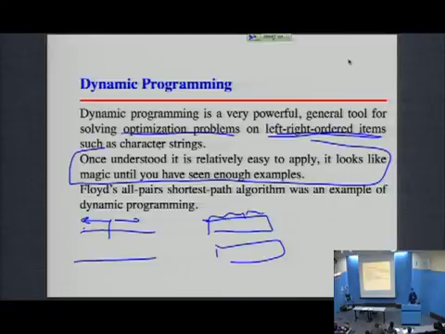What other things have left to right orders on them? Turns out binary trees, or trees if you lay them out in the plane. Does everybody see that the leaves here have a left to right order on them? What is it that we did with topological sort? Does everyone remember topological sort?